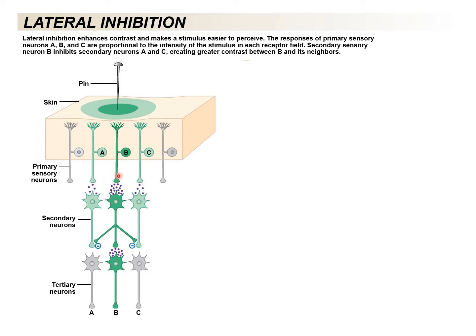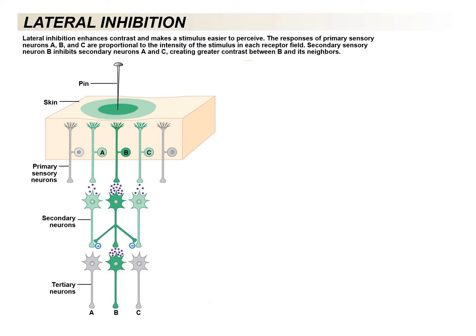So we have lots of neurotransmitter, lots of action potentials here, maybe a few action potentials. We're getting a little bit of signal here. If this signal went all the way to the central nervous system, it might appear as a much larger stimulus than it actually is. But at the secondary neuron, what we see, and these guys don't have them, but they would also have these.